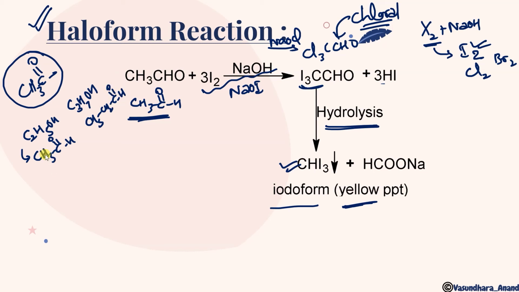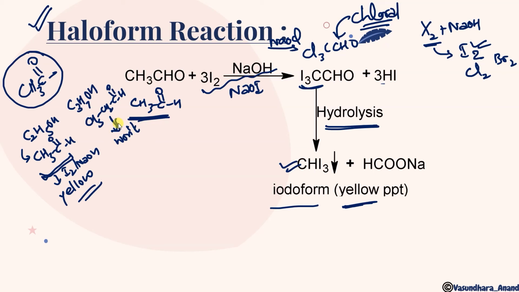So just check, in these two compounds, the one which is having the CH3CO group will give the iodoform test, that means a yellow precipitate, and the other won't. Since this is having a CH3CO group, it will give you the iodoform reaction and a yellow precipitate. This confirms that this one is ethyl alcohol and this one is propanol or propyl alcohol. Clear? This won't give. Did you understand, children?